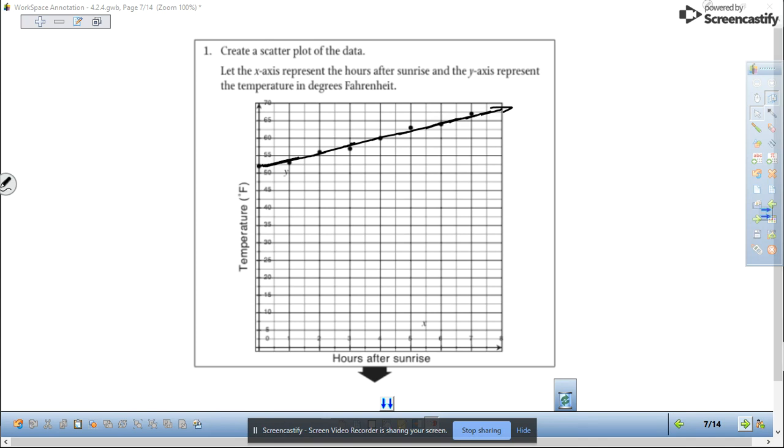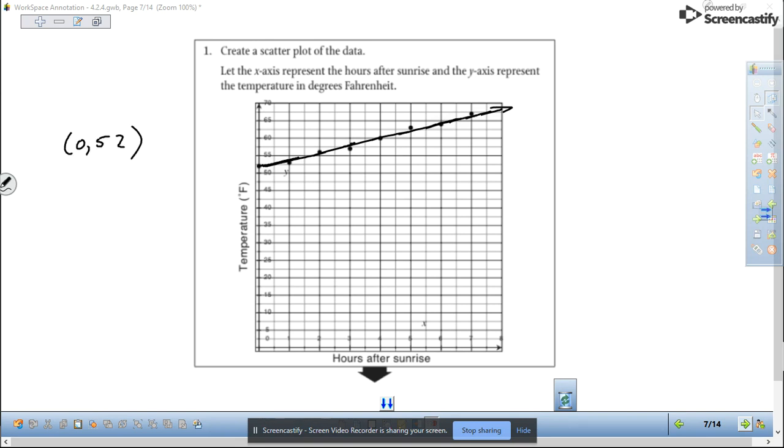So the first thing we want to do is write down what points we have. So it looks like our line pretty well goes through, and I'll tell you this, depending upon what you choose as points will determine a little bit what your equation looks like. So I'm going to say it looks like mine goes through (0, 52).